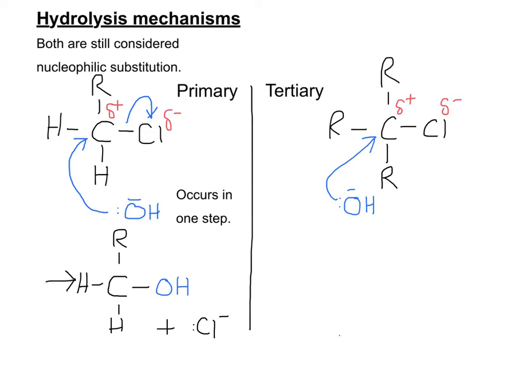If we just briefly get rid of that for a second, we concentrate on the carbon-chlorine bond. The OH is still out there in the vicinity, like so. But the carbon-chlorine bond breaks first.